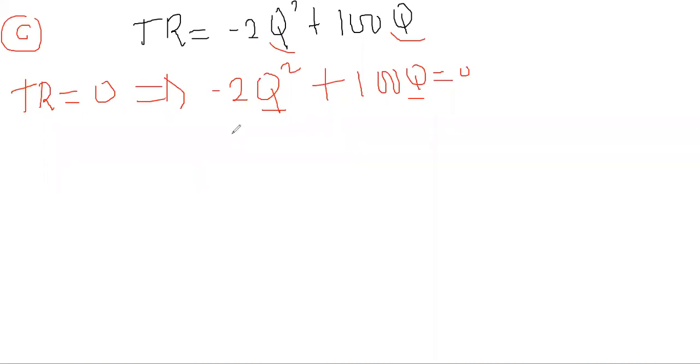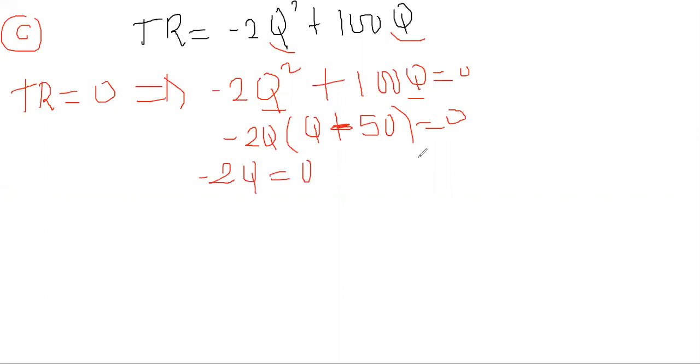So what we can have here, we can have 2Q, we have Q here, plus, let's say, 50, or this should be minus, so that this will change, equals 0. So at the end of the day, we have 2Q minus 2Q equals 0, and then we have Q minus 50 equals 0.